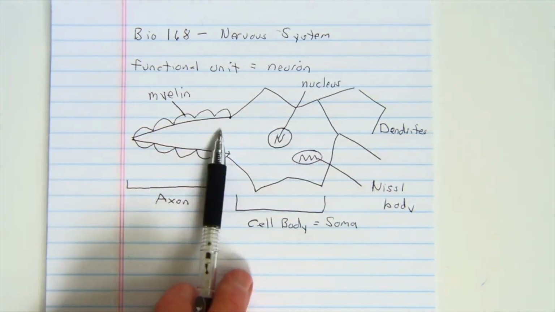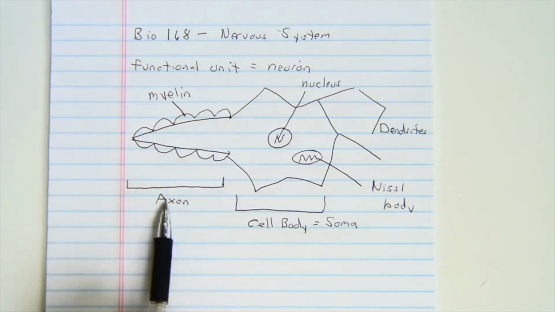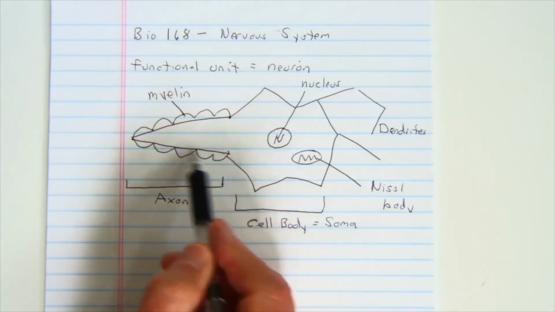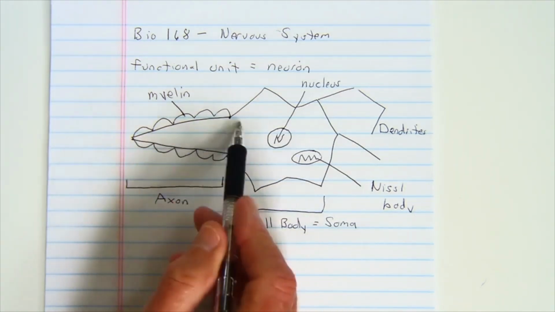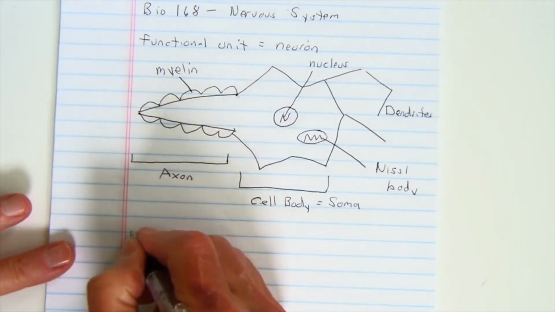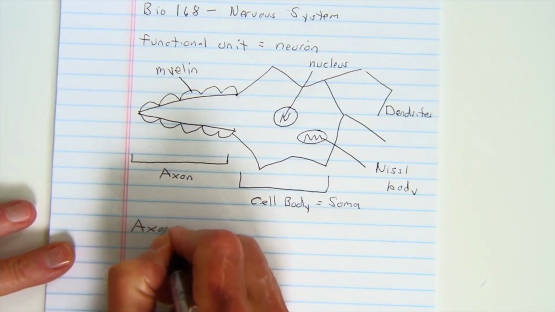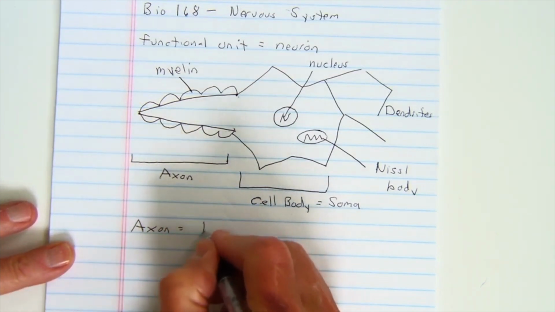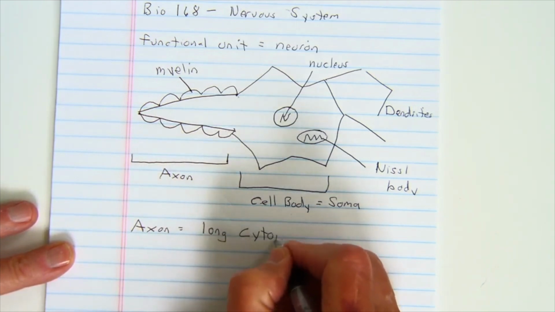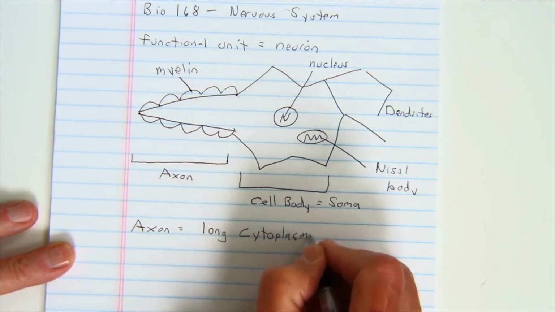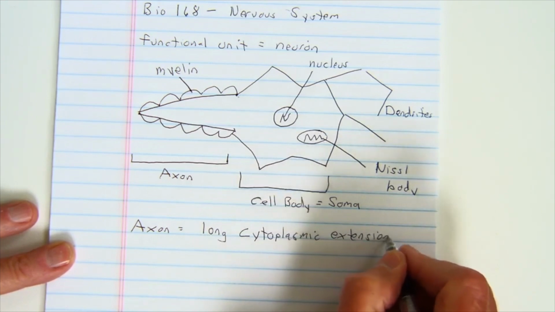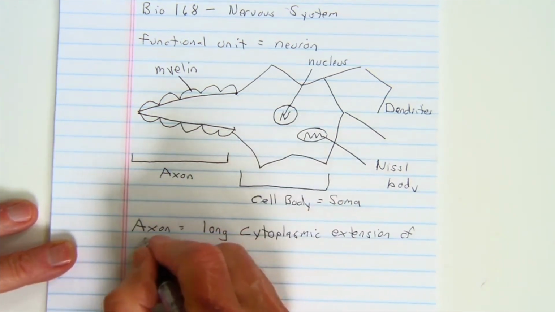So if you notice that the first structure I've got listed here is an axon. So the axon is actually that extension that goes from right about here, comes out, and extends to about there. So let's define this word axon first. It is a long cytoplasmic extension of the cell body.